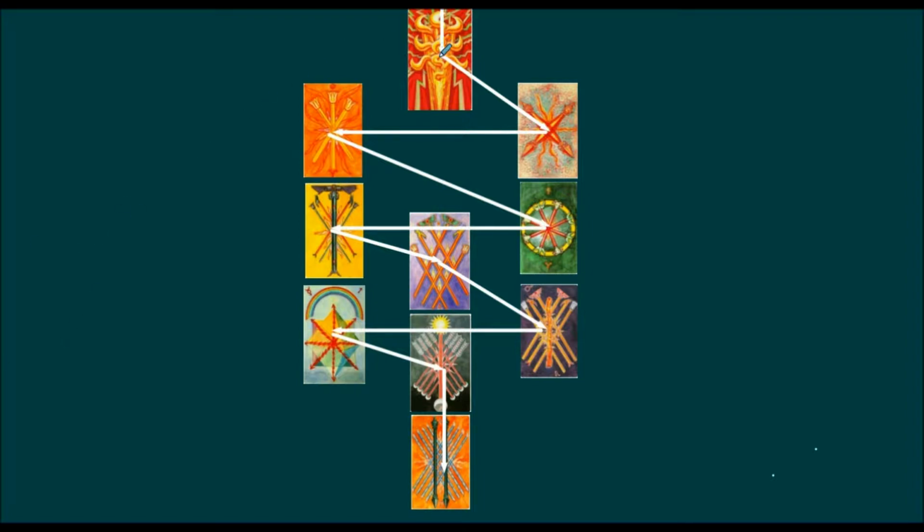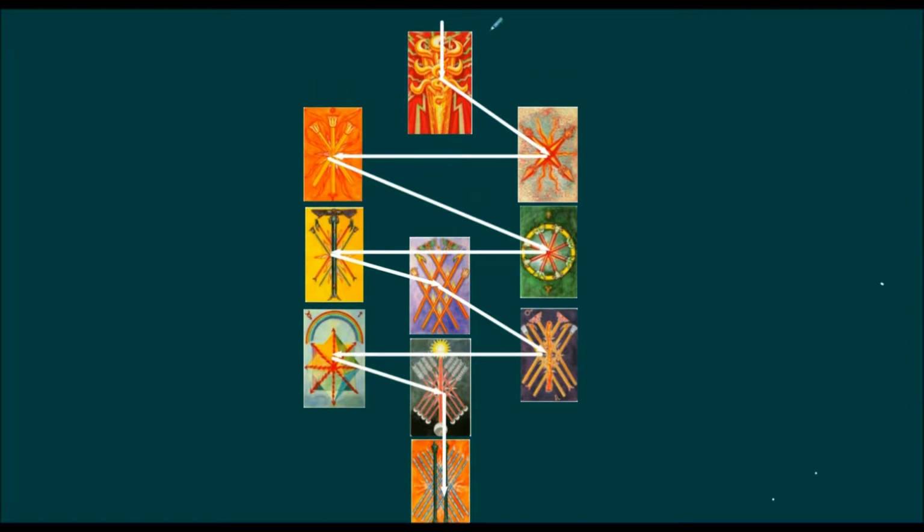So here we have the energy coming into the Ace from up on high here, the 3 veils of negative existence, but that's for another talk. So the energy comes into the Ace and it is channeled through the cards numerically until we get to Oppression here.